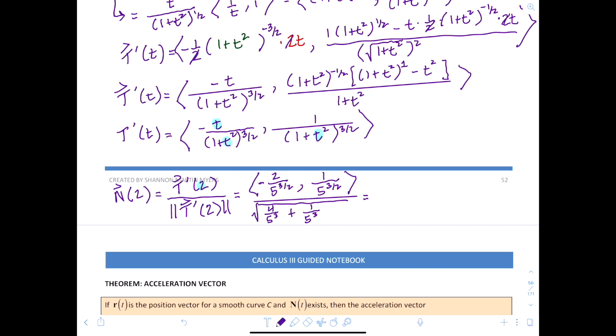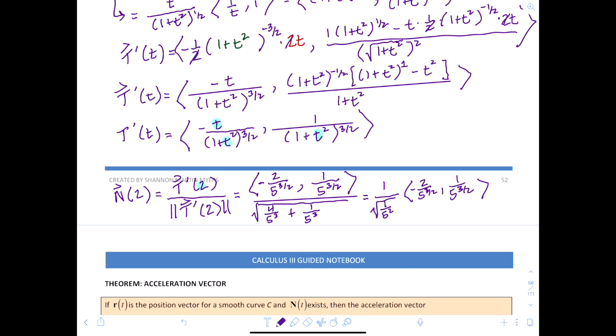So we will have 1 over the square root of 1 over 5 squared, times negative 2 over 5 to the 3 halves, comma, 1 over 5 to the 3 halves.